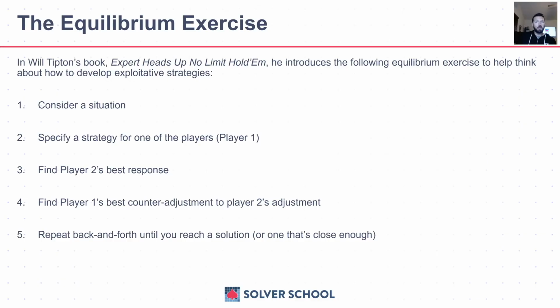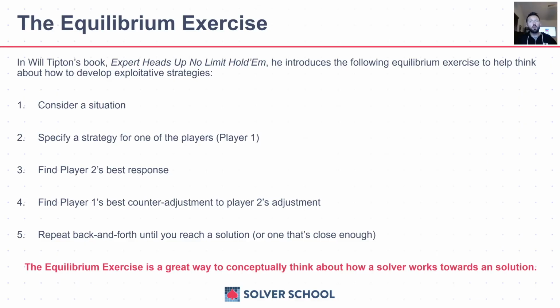And then we continue repeating that back and forth until we reach a solution, or we reach some type of repeating loop, or we reach a point that is somewhat close enough. As I mentioned, I think the equilibrium exercise is a great way to conceptually think about how a solver works towards a solution. I'd like to actually walk through an example with you in this video.